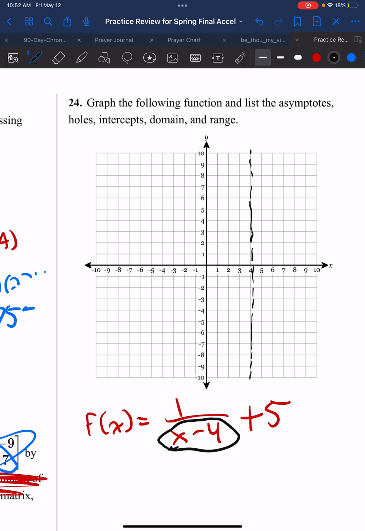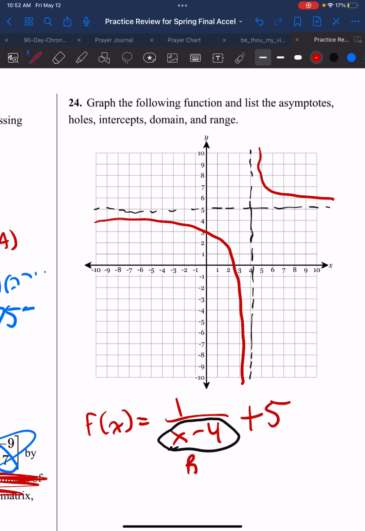And then up 5 is my other one. So my function is going to look something like this, the general shape. My vertical asymptote is x equals 4. My horizontal is y equals 5.